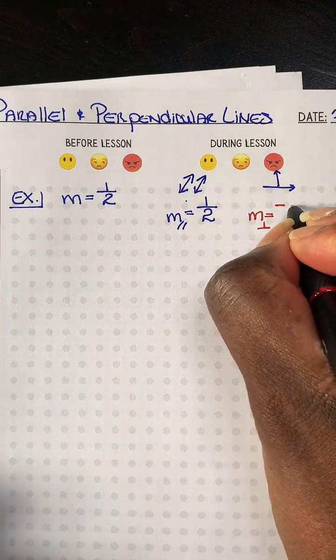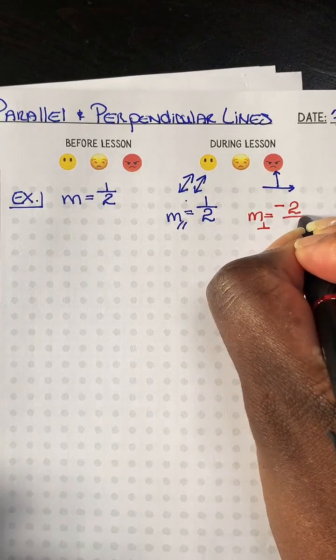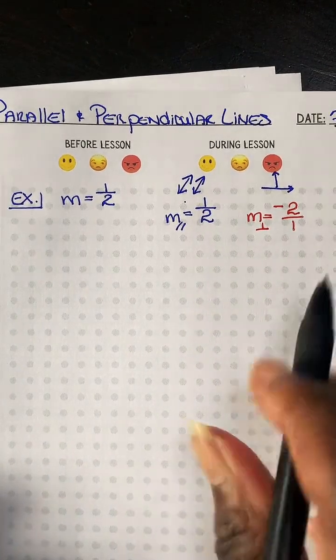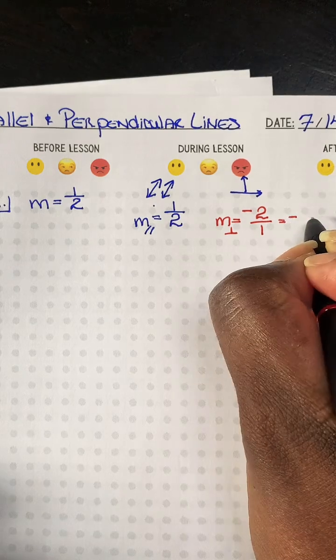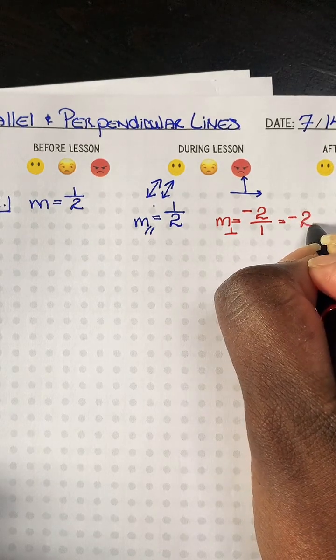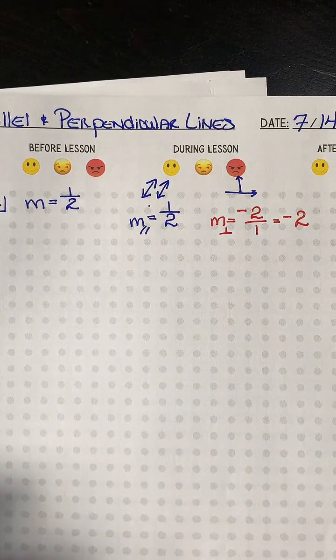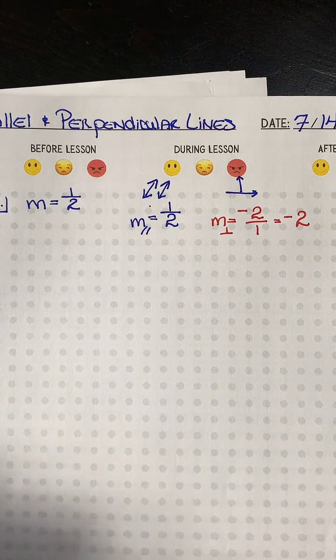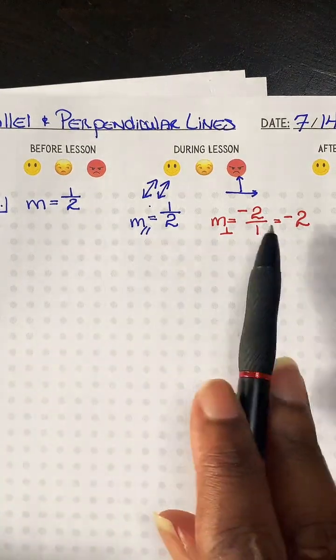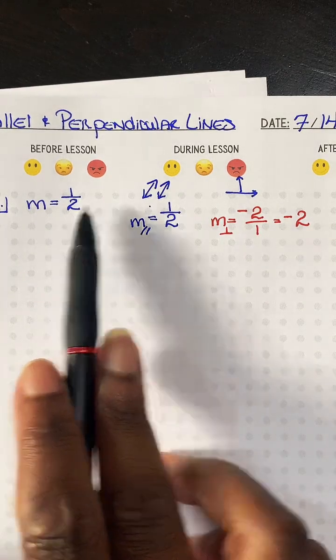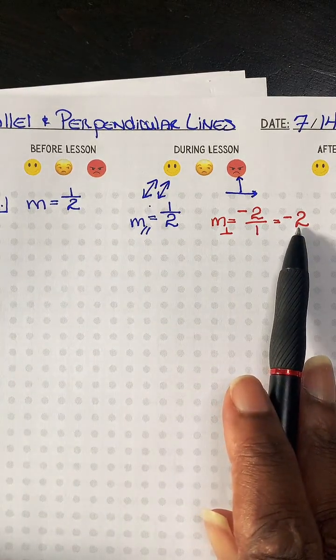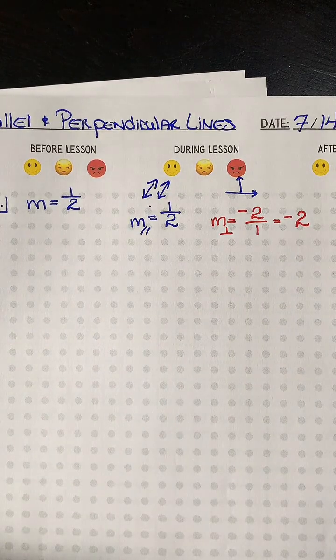So now we have 2/1, and I could simplify this to say my slope is -2. Since it was positive, this one has to be negative. This one was 1/2, and this one gives me a whole number of 2.